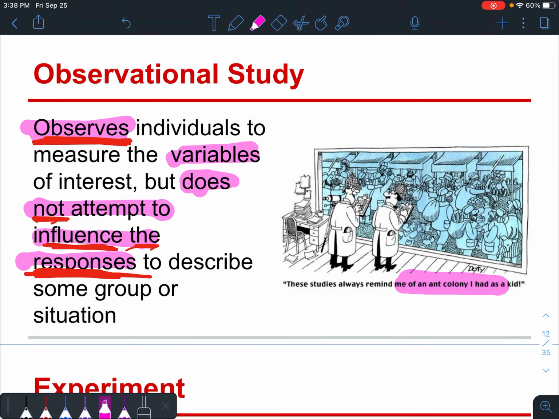So if you think of a psychologist observing children playing on a playground, looking for hyperactivity, not in the mix, trying to manipulate the situation, but simply sitting back, observing in their natural habitat. So we're not trying to influence or manipulate, which is a big word here. We are simply observing, hence the name observational study.